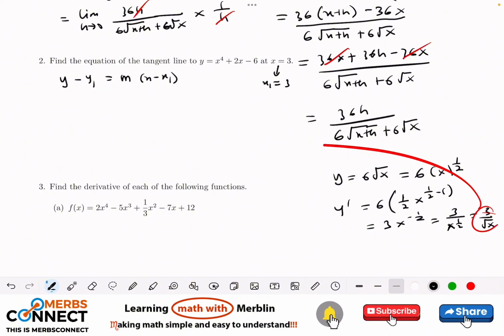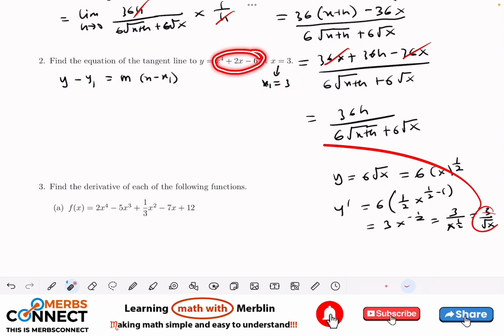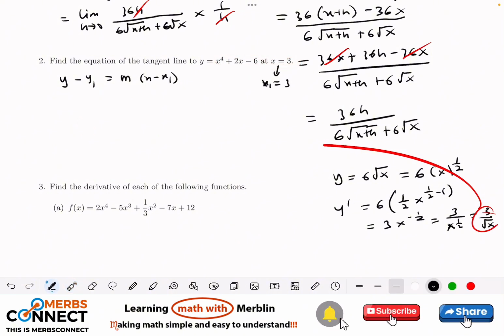Right? Good. And then when we plug x1 inside this function, it gives us what? y1. So what will be y1? y1 will be equal to, when I plug this inside this, 3 to the power 4 plus 2 times 3 minus 6.